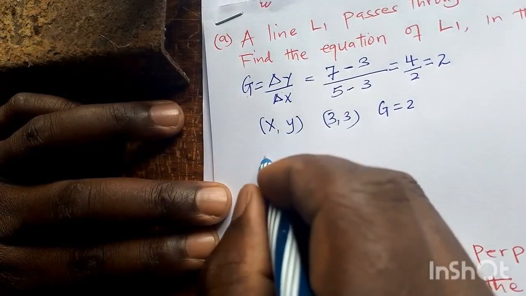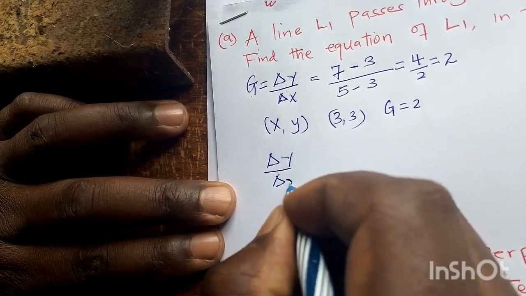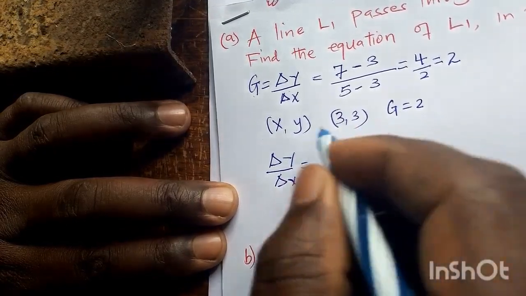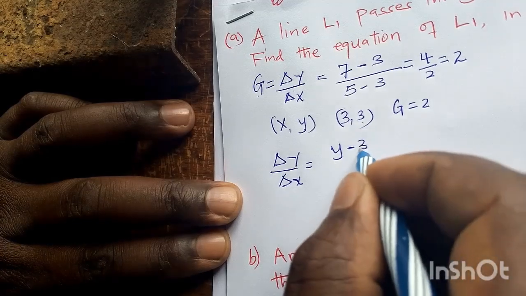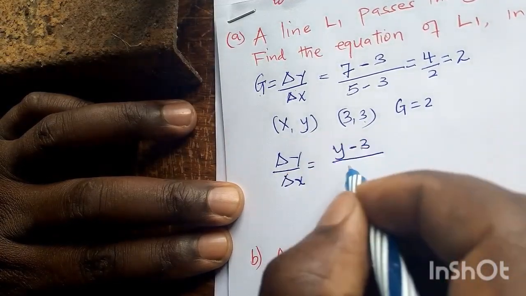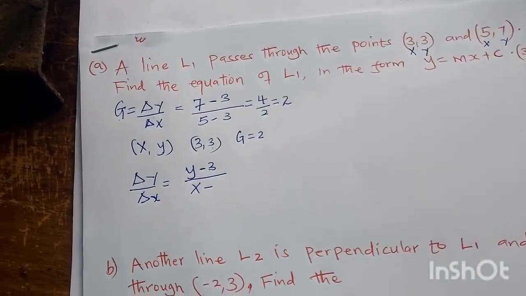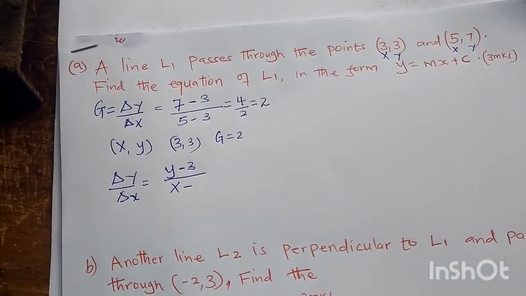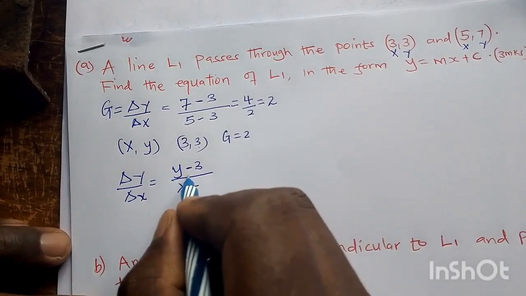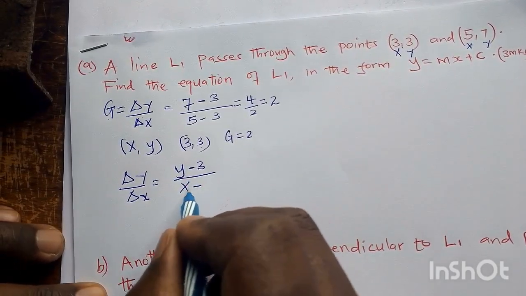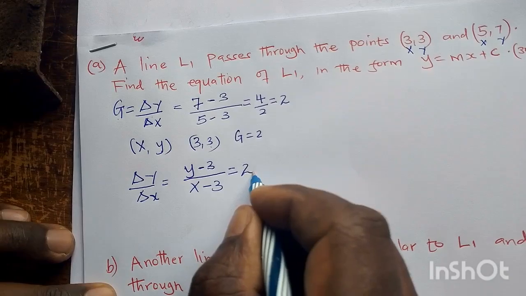Now we can form an equation knowing that gradient is equal to change in y over change in x. So y minus 3, divided by x minus 3, and this will give us the gradient, which is 2.